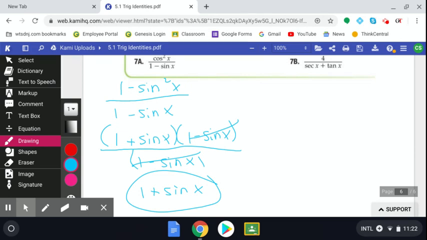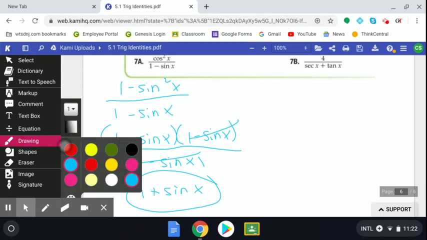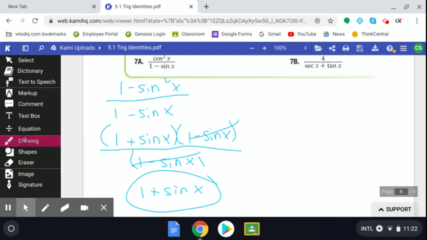So I'm just going to go ahead and multiply by the conjugate. Remember, as long as I do the same to both top and bottom, I'm still going to get an equivalent ratio. So secant x plus tangent x.